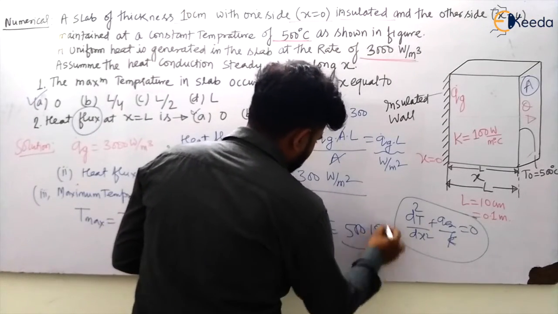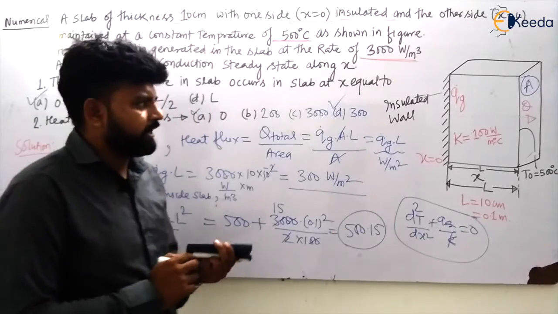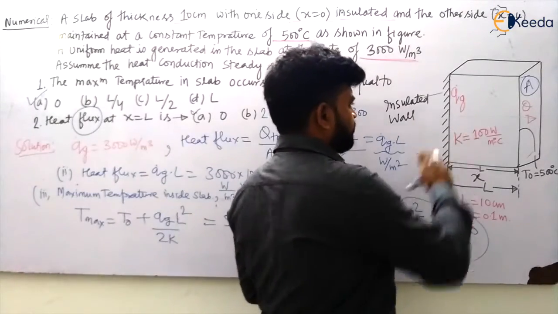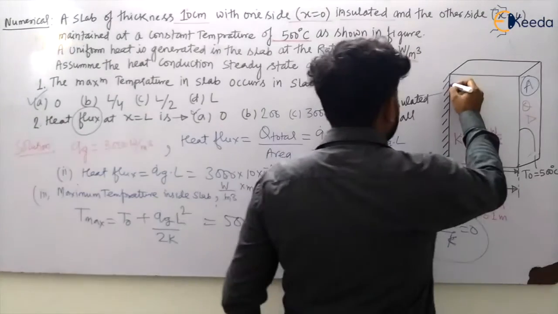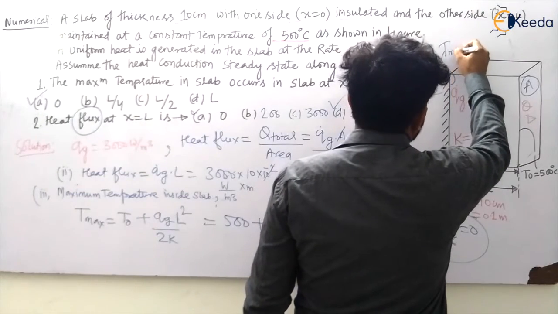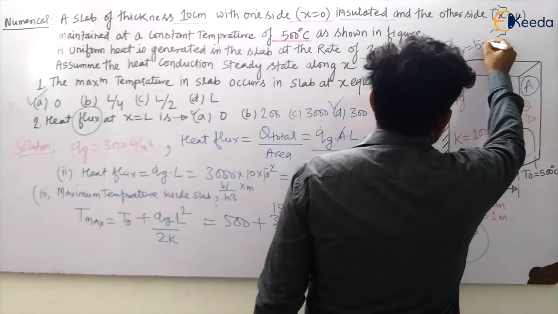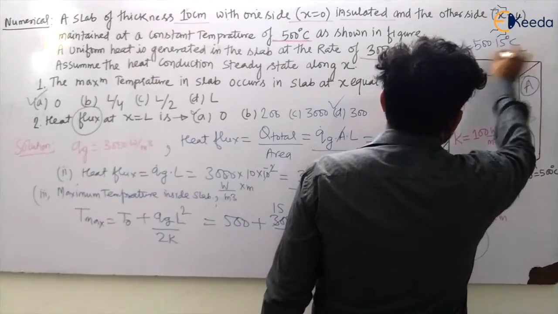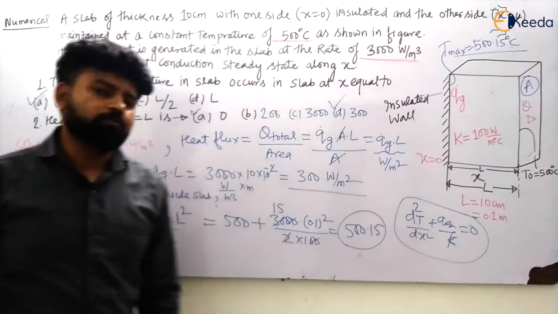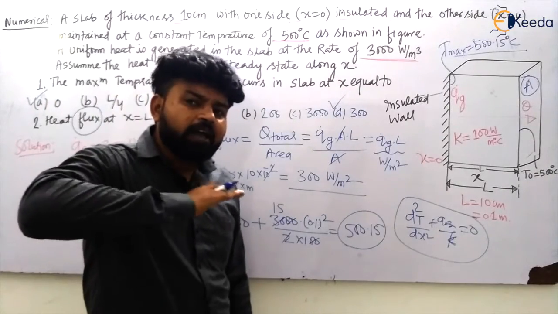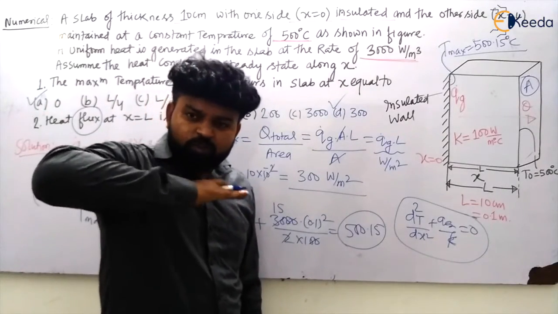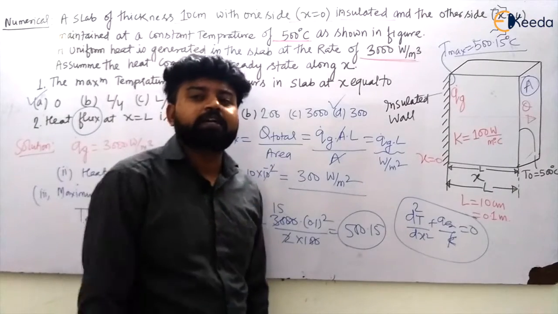Oh my god, the temperature is maximum at this location, and T maximum is only coming to be 500.15 degrees Celsius. That means the entire slab is at a uniform temperature of 500 degrees Celsius.